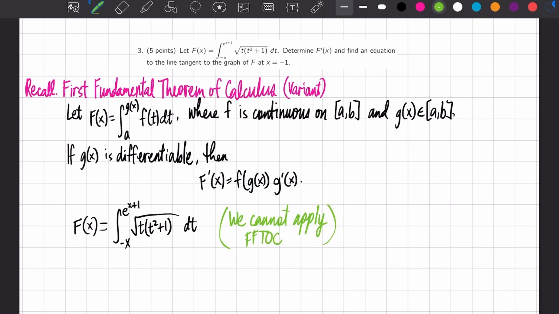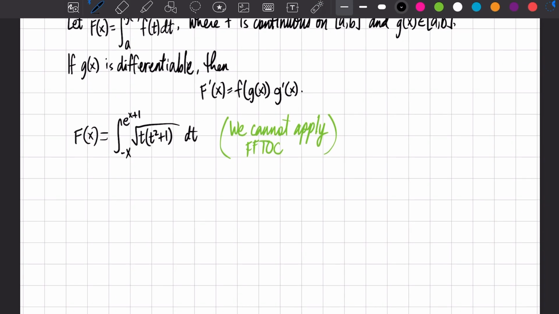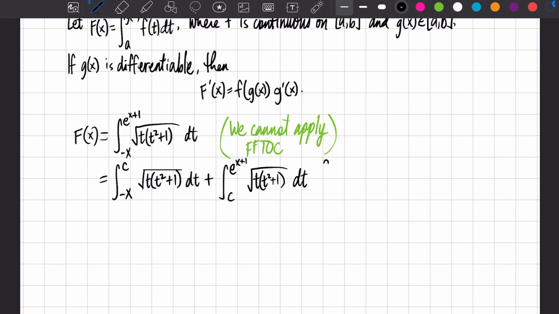And so what we need to do is to split this integral into two. So we have here the integral from negative x to whatever number, say c, of the square root of t times t squared plus 1 dt, plus the integral from c to e raised to x plus 1 of the square root of t times t squared plus 1 dt, for some c in the domain of your function f.